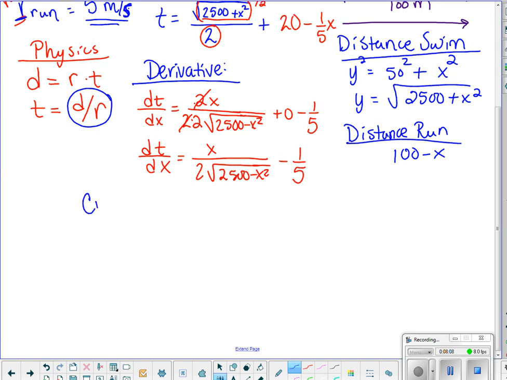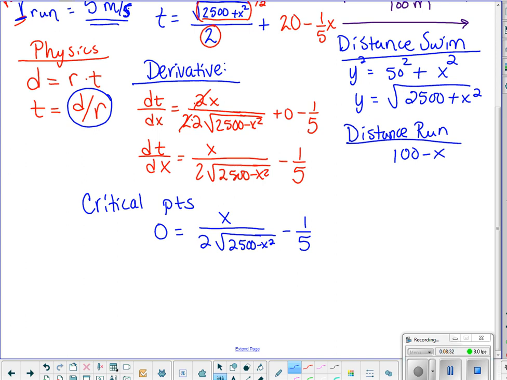We want to find our critical points, and the way to do that is to set 0 equal to this, right? Problem is, this looks like it'd be kind of interesting to get the value out of: 2,500 minus x squared, minus 1/5.